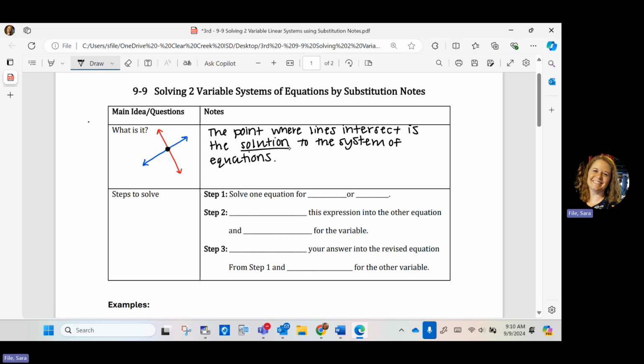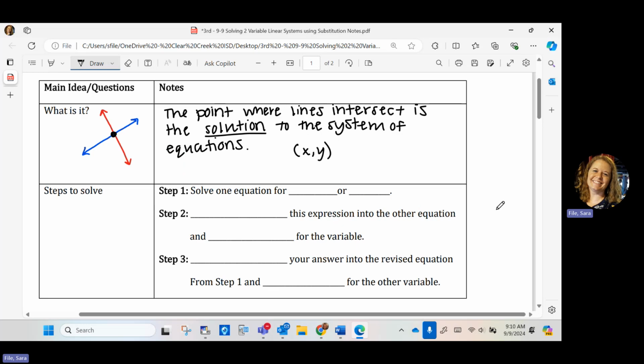We're going to write our answers as an ordered pair. We're going to have to find an x and a y value and give that answer as an ordered pair. So far, so good? Does that make sense?